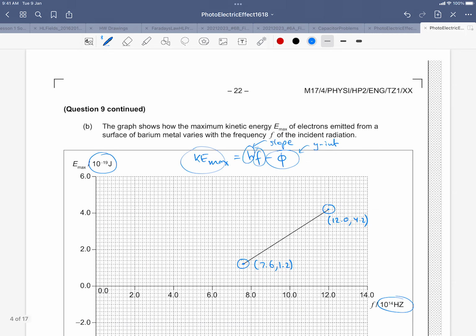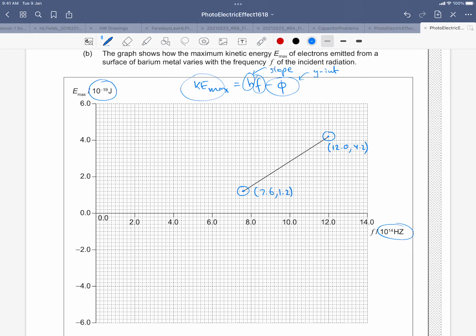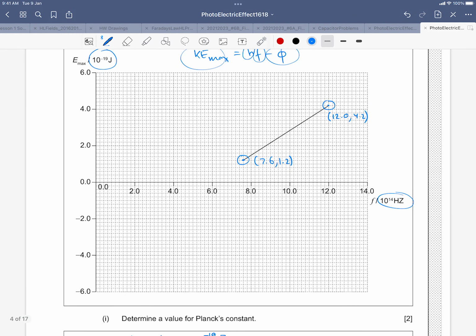Work function, yeah, let's find the y-intercept. So we need to extend the line. Let's see if I can do that on my iPad here. So I think I got something like that. It looks pretty close to being -4.